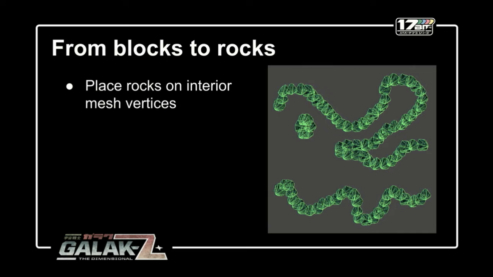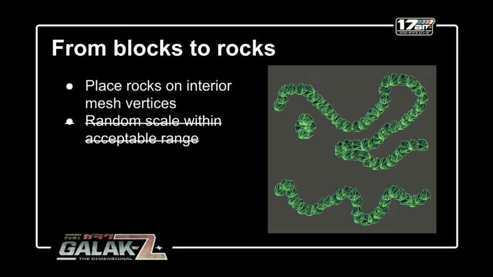We use that same vertex data to determine where the rocks get placed. And all these rocks are prefabs already. They have their mesh filters, mesh renderers, colliders, all that data is already there, and we just spawn them along the edge of the other mesh. And each rock was given a random scale just to add more variety.